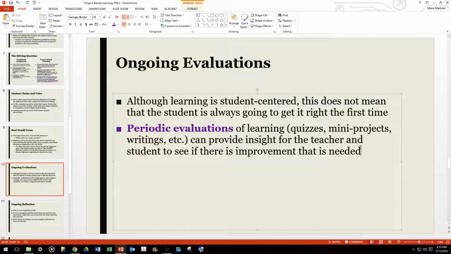Because sometimes students tend to go too big, sometimes they get too small, sometimes they just get off track, period, because they may get distracted by something else. And so as we're teaching concepts, lessons, a process, we may have quizzes to make sure that they are focused on what they need to be focused on. Or we may have writings that we assign, or tiny mini projects that they have to complete in order to make sure that they are on the right path.